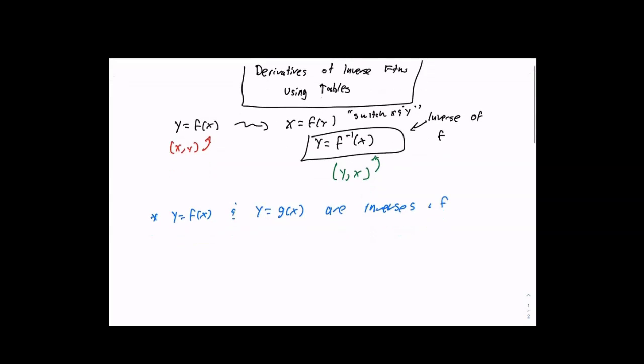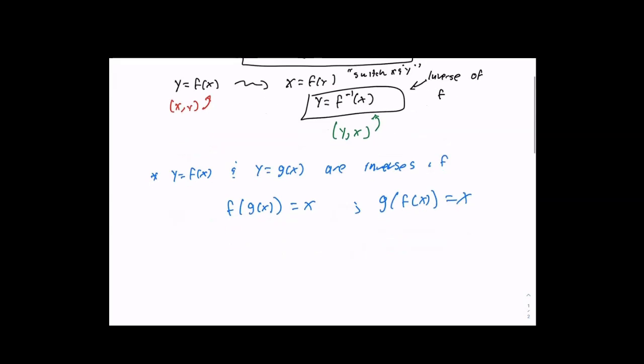If I give you two functions, you can always define these two functions as being inverses, and this should come from your math 2, math 3, maybe even math 1. If f of g of x, the composition of the two functions, is x, or similarly, if g of f of x is equal to x.